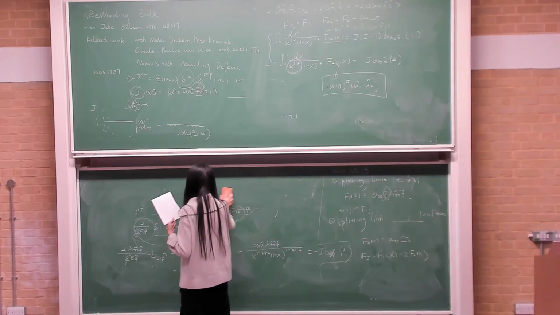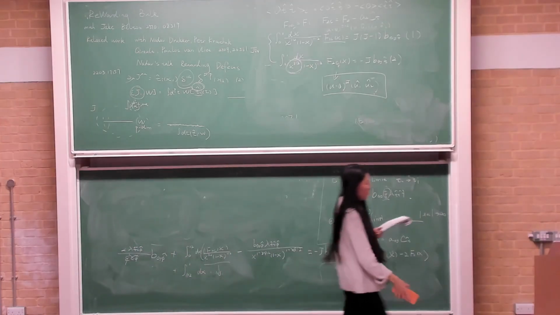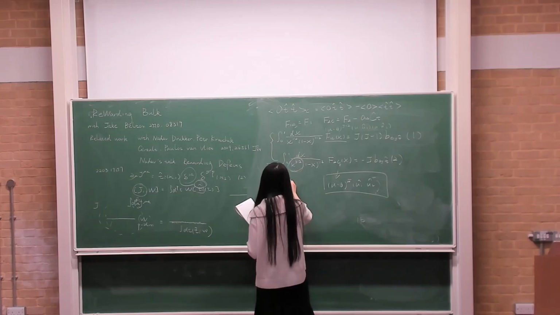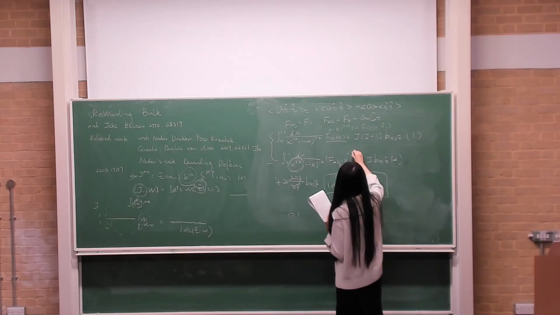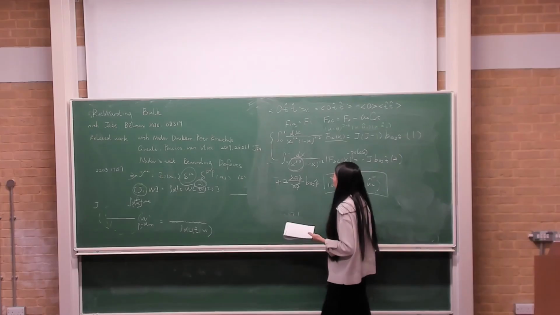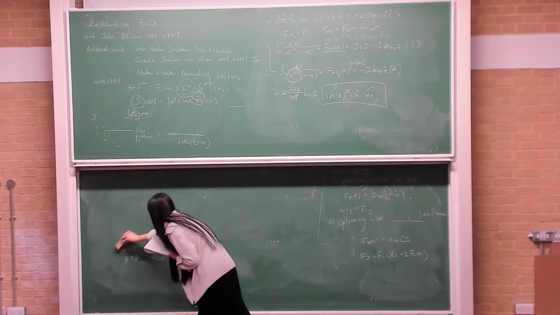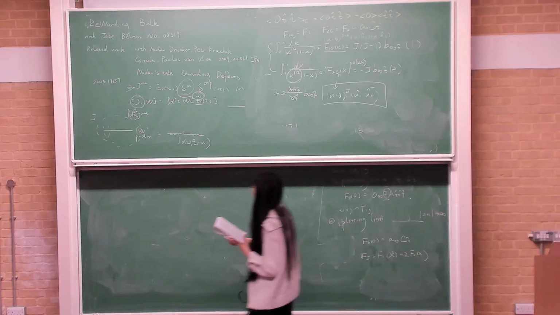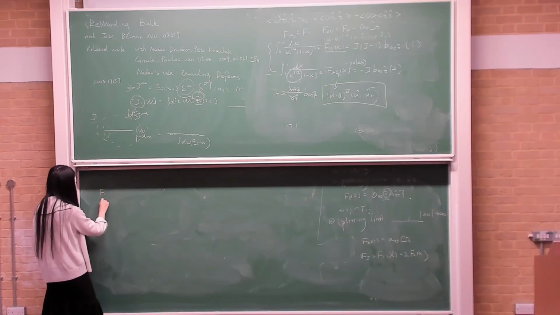So now let's do it order by order. At leading order, both F1 and F2 are constants.